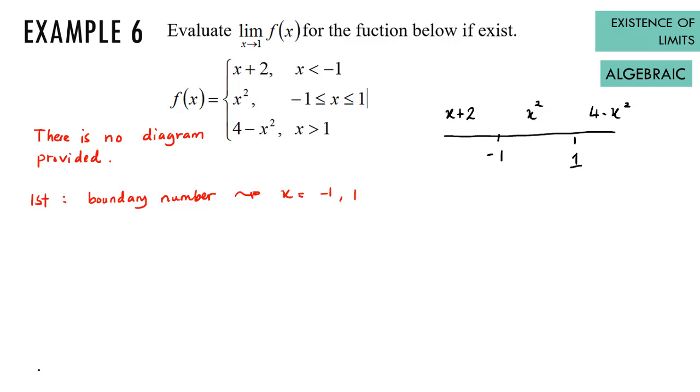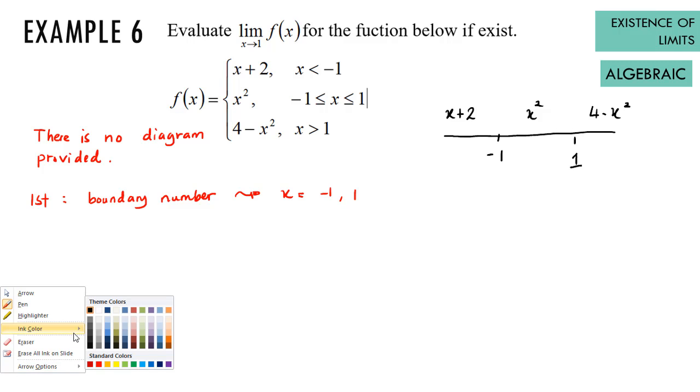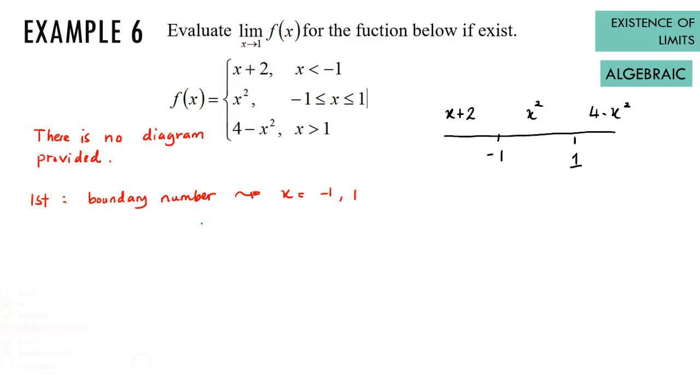From the question, we are asked to evaluate the limit when x approaches 1. So we just need to focus on x equal to 1, approaching 1 from the left, approaching 1 from the right. Their corresponding functions are x squared and 4 minus x squared. We start to evaluate by direct substitution.